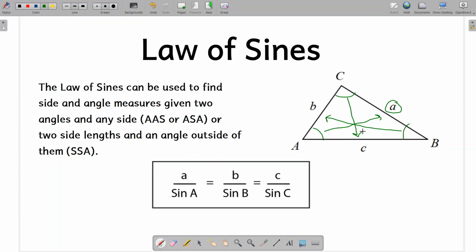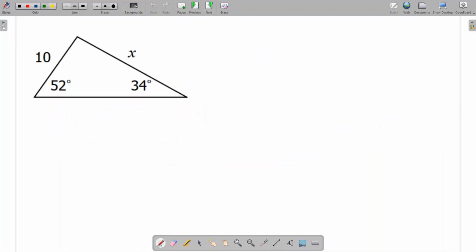So it's really just like the ratio of the side length over sine of its opposite angle. Now, typically, we're only going to use two of these. We're not going to have three things being equal to each other, but this relationship is what we're going to use to solve for missing angles and sides. So let's take a look at that.